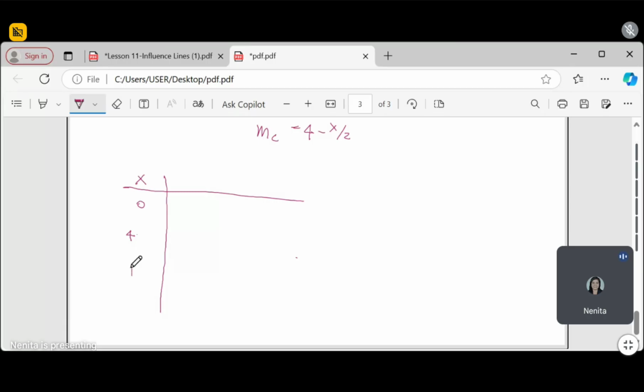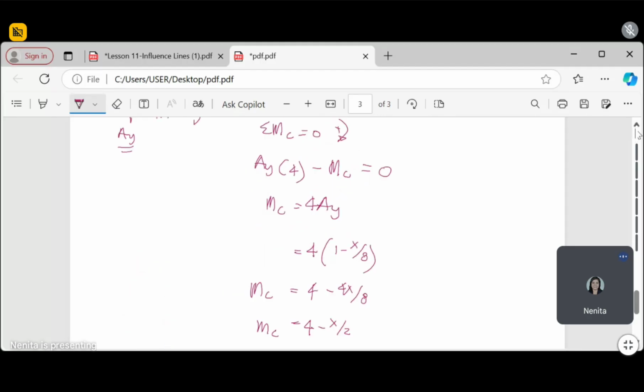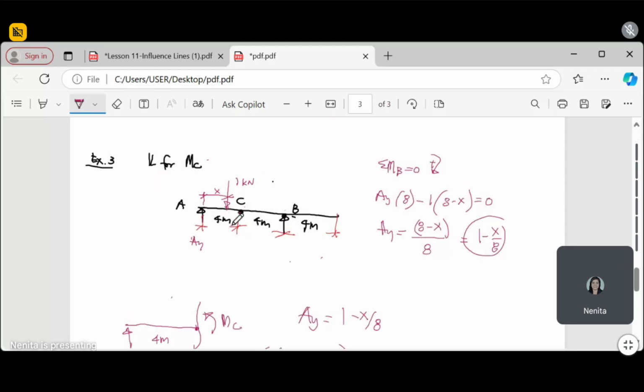Then another 4, 8, and then 12. Hanggang 12 ang ating buong beam. 4 plus 4 plus 4 is 12. Okay, yan.